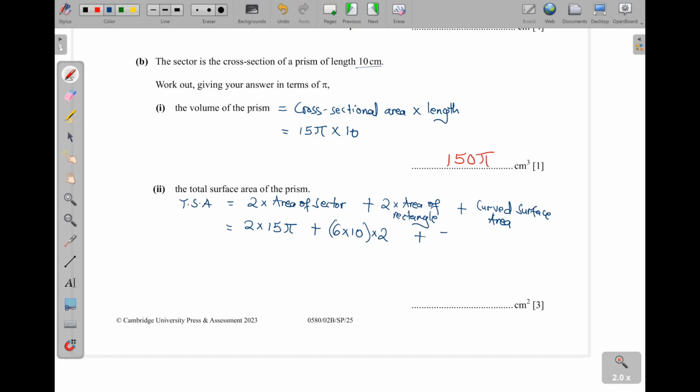So I'll have 5 pi times 10, which is 50 pi. Then the 2 times 15 pi gives me 30 pi. Then 6 times 10 is 60, times 2, that's 120. When you add and simplify everything, 30 pi plus 50 pi is 80 pi, then plus 120. Or you can say 120 plus 80 pi. So that is that.